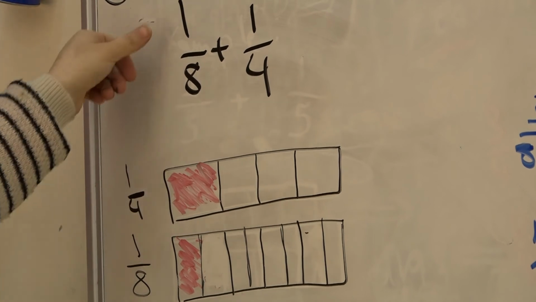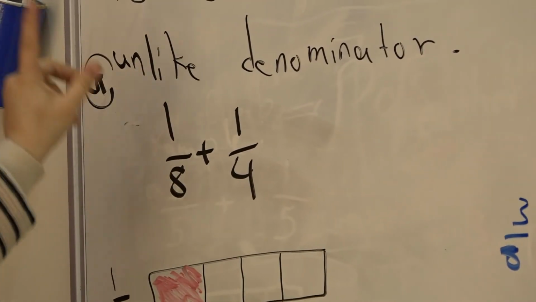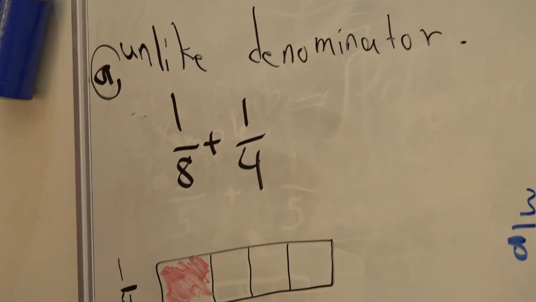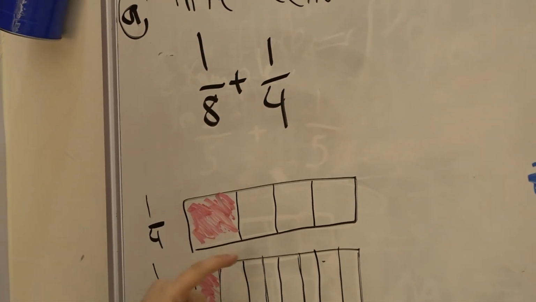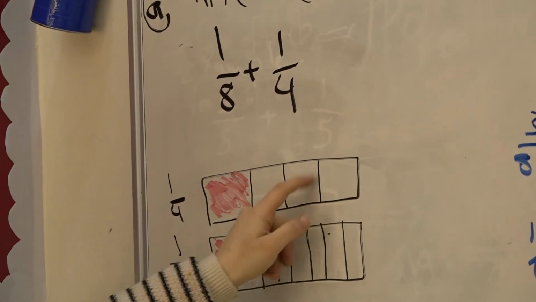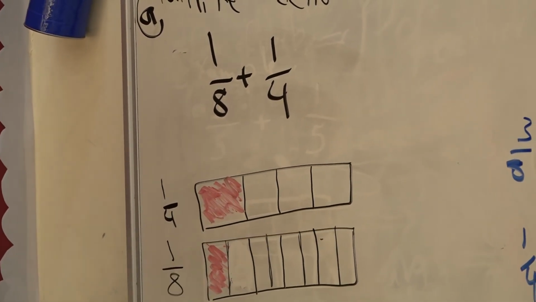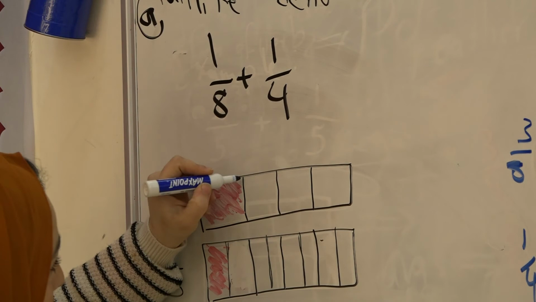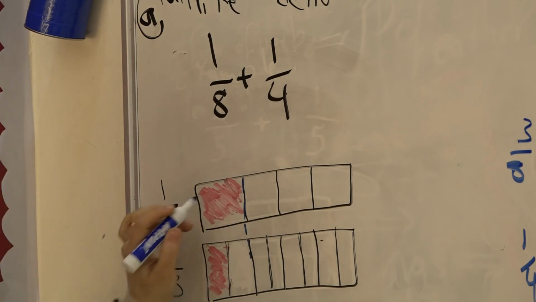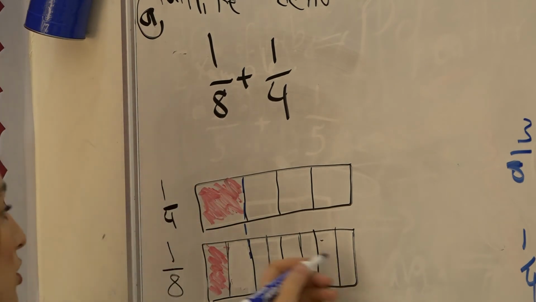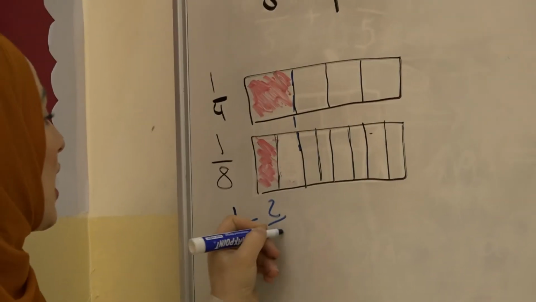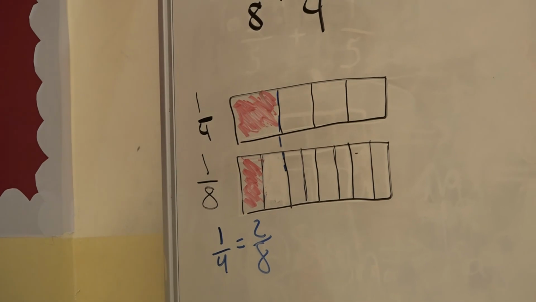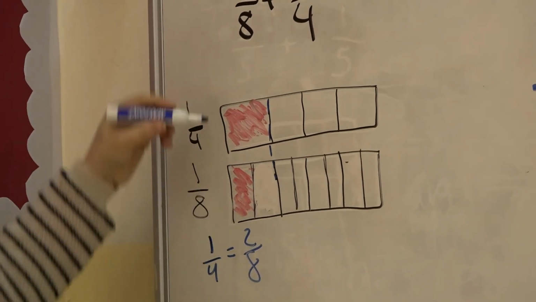Tell me, 1/8 means 1 out of 8, so only one cell is colored. And now plus 1/4. I have 1/4, which means divide into 4 parts and color one of them. So look, when we line it up, 1/4 equals 2/8.